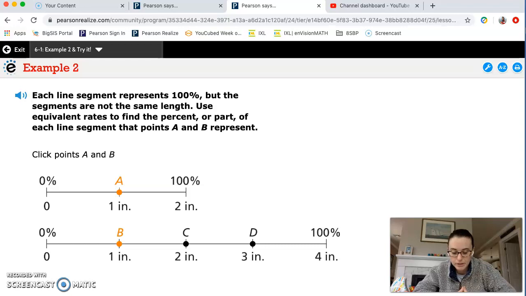and we were talking about these two line segments, and we were discussing how although there are two different lengths, both total line segments represent 100%. That's a little bit of a tough idea to wrap your head around, but think about it this way. Right now, there are 3 people in my house.